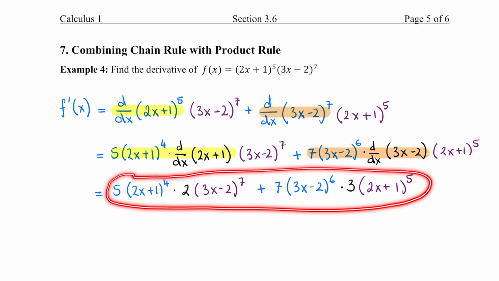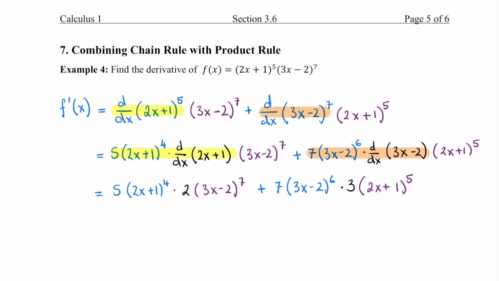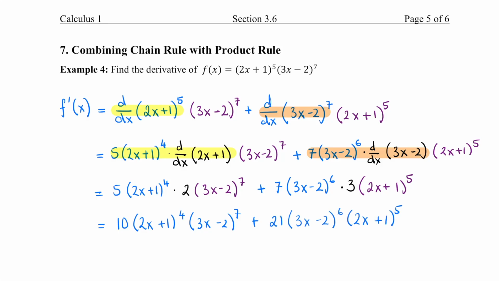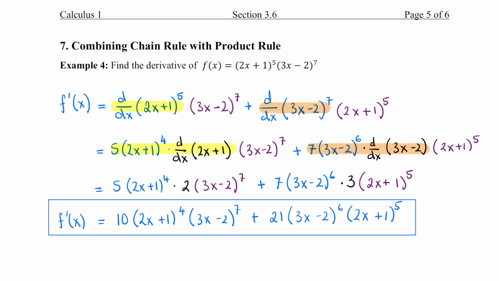All I do now is simplify this expression. 5 times 2 is 10. 7 times 3 is 21. And this is the derivative of f of x.